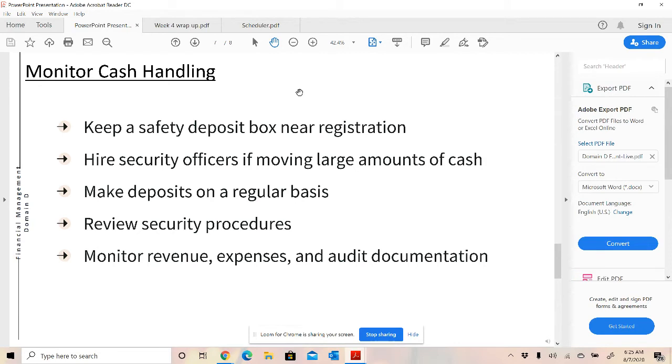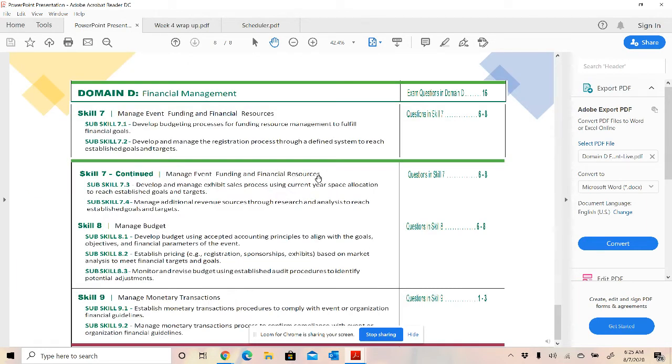Review security procedures, monitor revenue, expenses, and audit documentation. You always want to make sure that with your cash handling and your cashiers, you are both agreeing to the amount of cash that is being given, so everybody's on the same page when it comes to that cash.